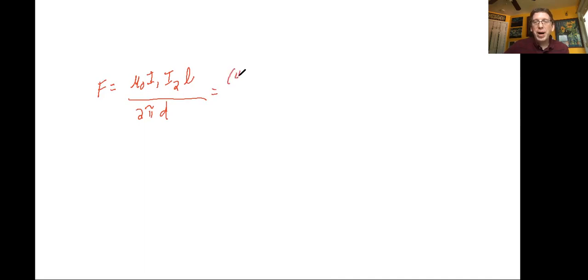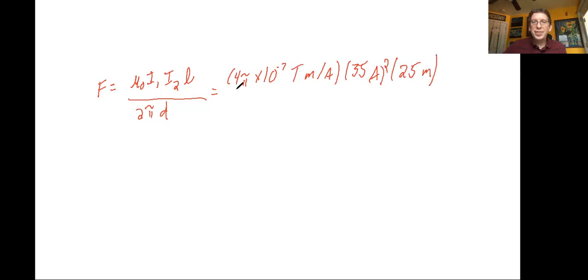So it's 4 pi times 10 to the negative 7 Tesla meters per ampere times I1 and I2. We know that I1 and I2 are both 35 amps, so that's 35 amperes squared. The length of the wire is 25 meters, and you're dividing by 2 pi. So again, we'll just use 2 times 10 to the negative 7 in the calculator.